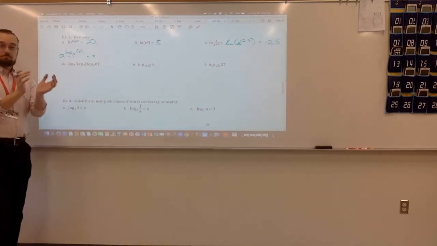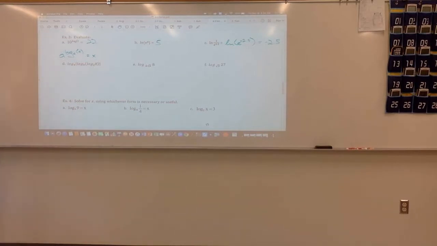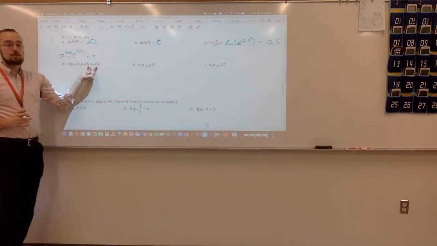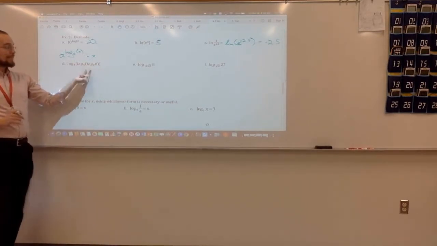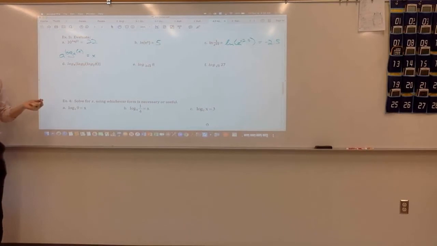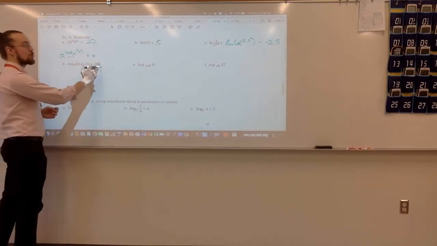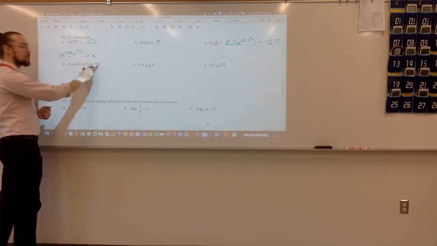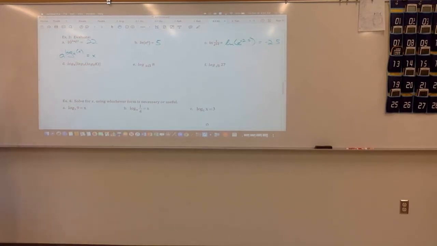We want to start furthest inside we can. So I want to evaluate this first. What's the log base 2 of 8? 3, right? So we're saying 2 to the 3rd power equals 8. So log base 2 of 8 is equal to 3.